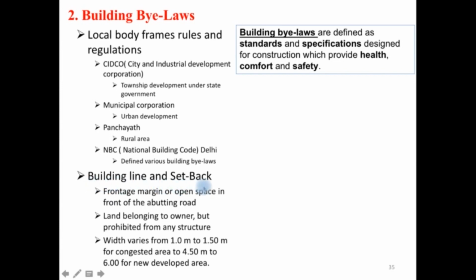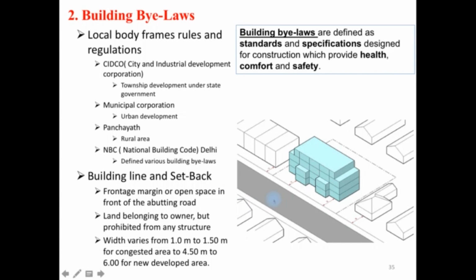First one is the building line and setback. For example, this is a plot, I am the owner of this plot, and I am planning to construct a building on it. There is a road going along the side of the plot.